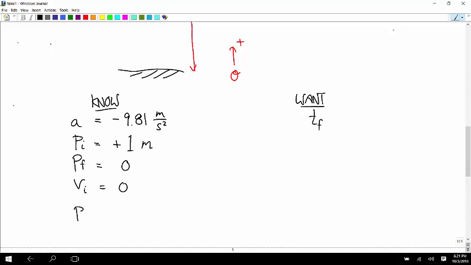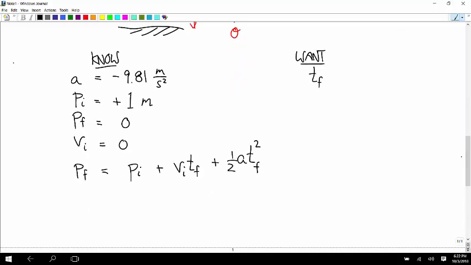And we can use that in the equation that says PF is equal to PI plus VI TF plus 1/2 A TF squared. And so, I'm going to leave the units out of this calculation. 0 is equal to 1 plus 0 times time final is 0 plus 1/2 times negative 9.81 times TF squared.